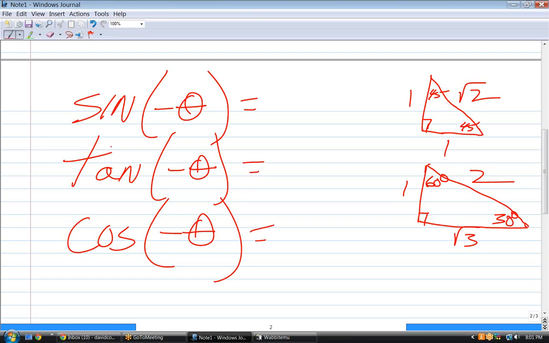The top 2 are odd, meaning that the sine of negative theta is equal to minus the sine of theta, and tangent of negative theta is minus the tangent of theta.